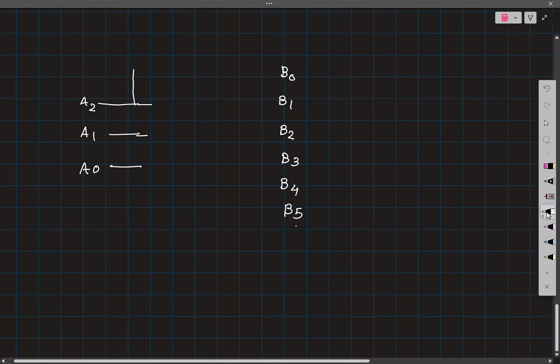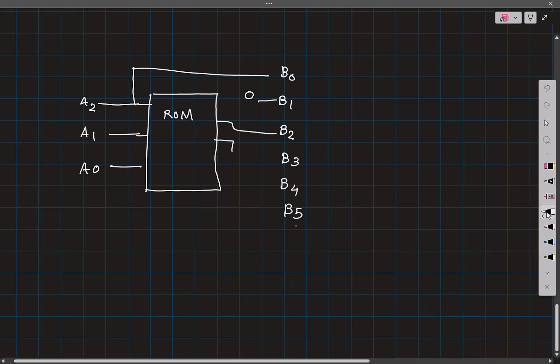So I will feed B0 directly. B1 is 0 at all times. Then I can simply use a read-only memory whose outputs are given by B2, B3, B4 and finally B5.